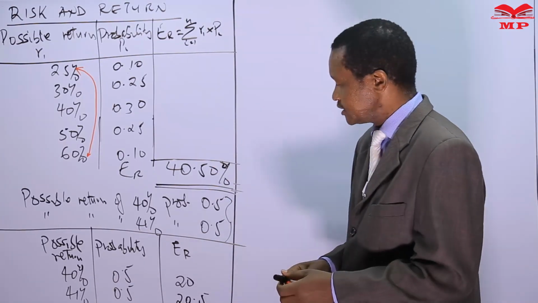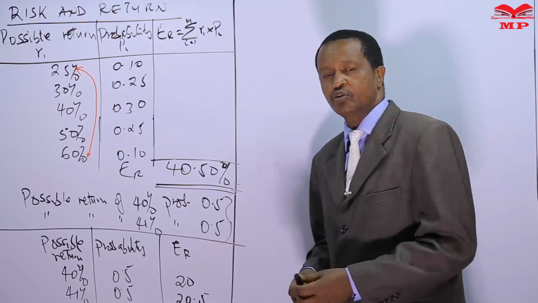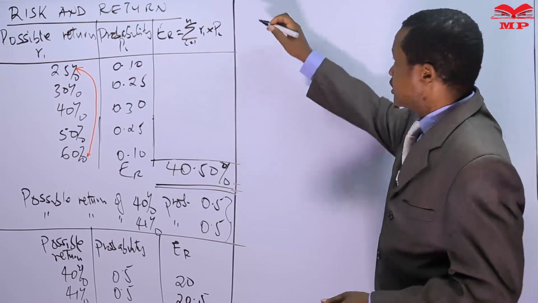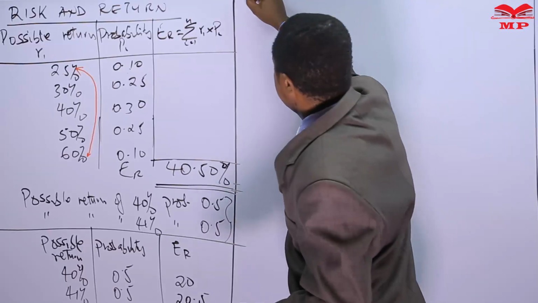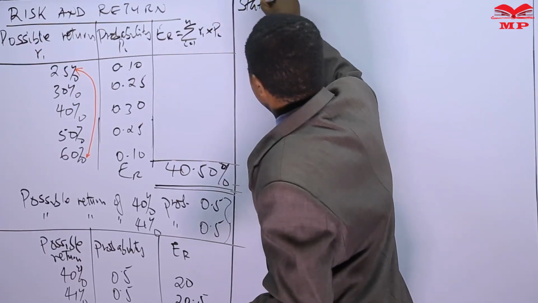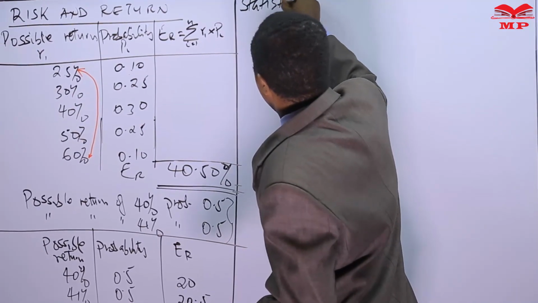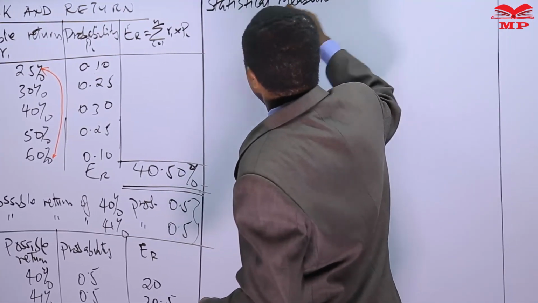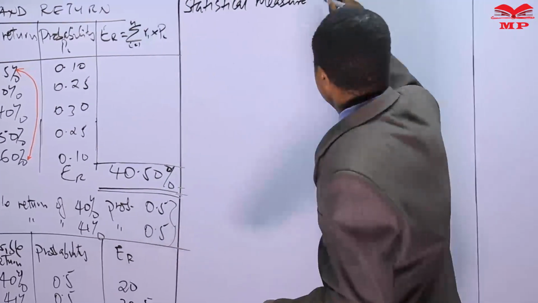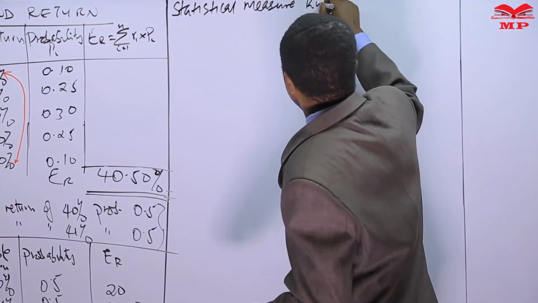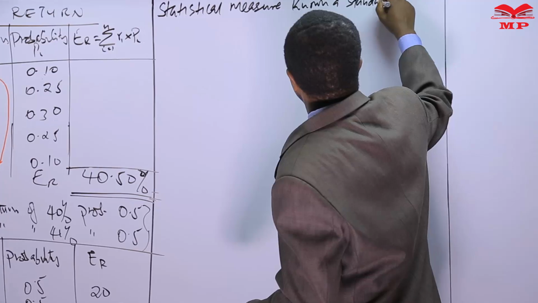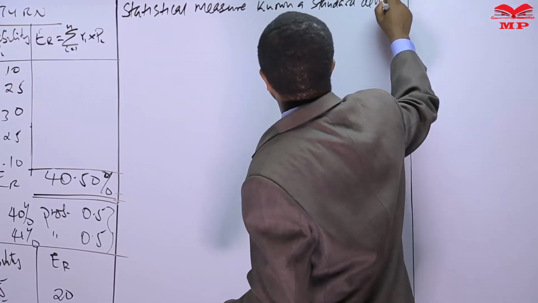And the risk on investment is measured by a statistical measure known as standard deviation.